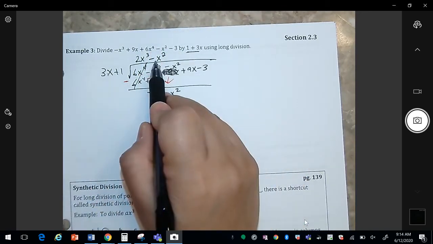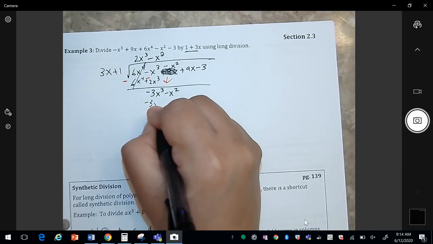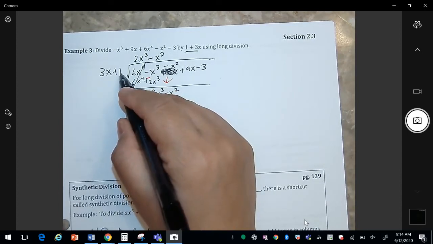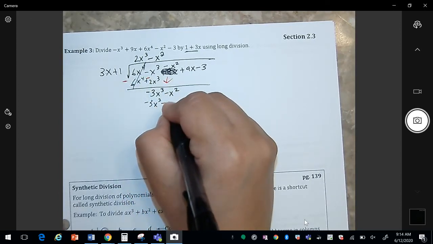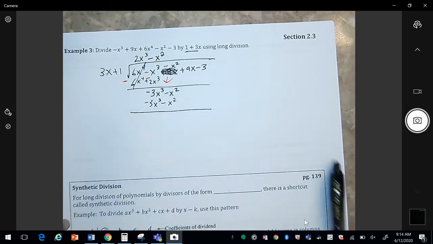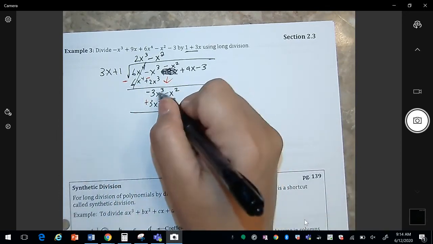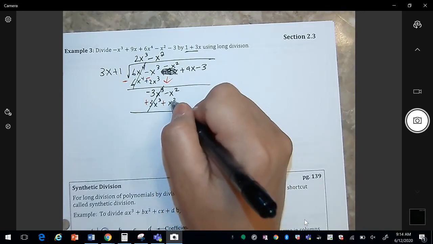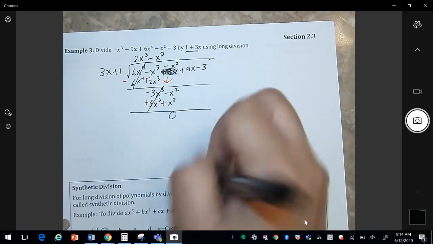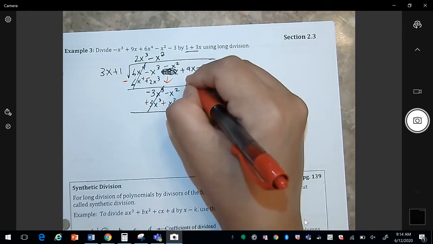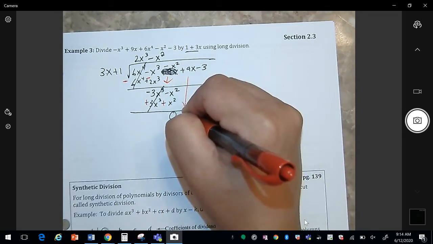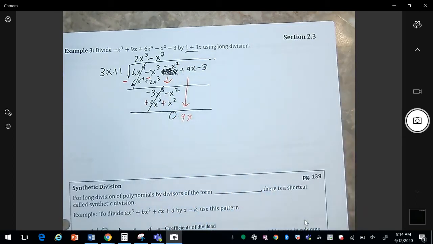So 3x times x squared is 3x cubed, and 1 times x squared is x squared. Change the signs. So we cancel here, and this will become 0. And so we bring down the 9x.